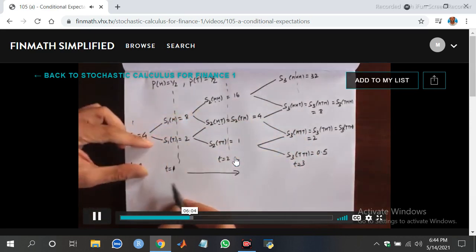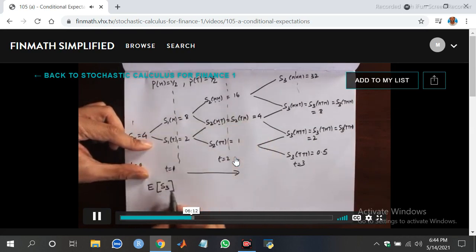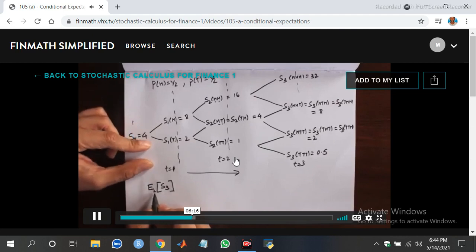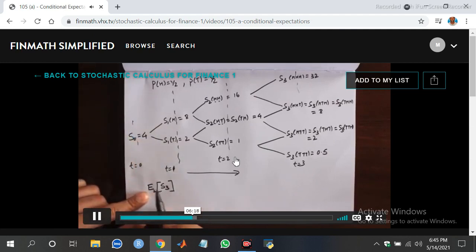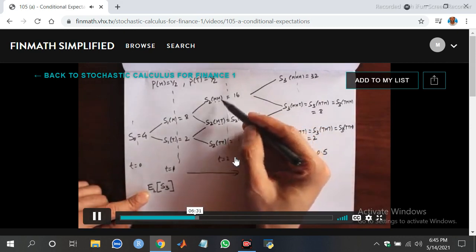So in particular, what we want to do is find the expected value of S3 at time 2. And the way we denote that is we write an E with a subscript 2. That basically denotes that you want to calculate the expected value of S3 at time 2. Okay, but the expected value of S3 at time 2 we can calculate under these 4 possible outcomes, right?